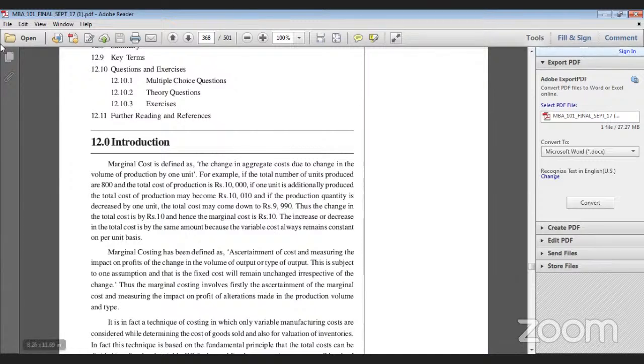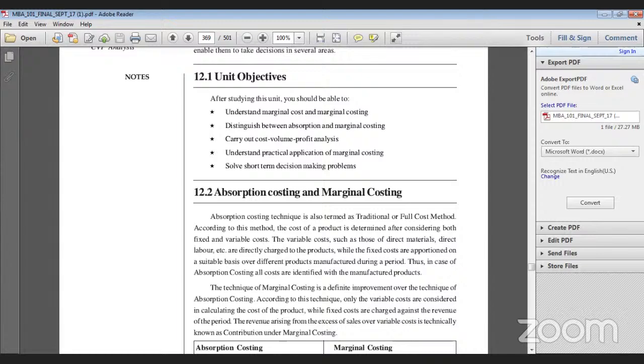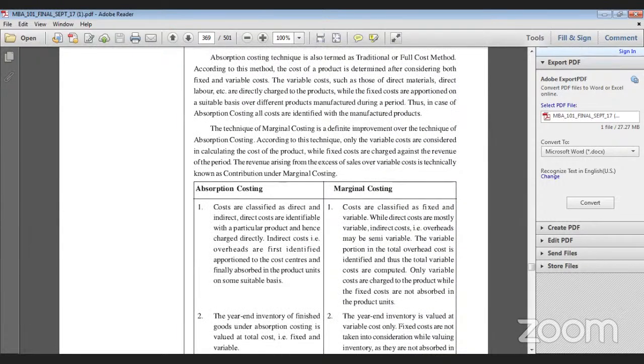It is a technique of costing in which only variable manufacturing costs are considered while determining the cost of goods sold and also for valuation of inventory. The technique is based on the fundamental principle that total cost can be divided into fixed and variable. So these are important. In this unit, we can observe marginal costing and absorption costing. They have given one difference.